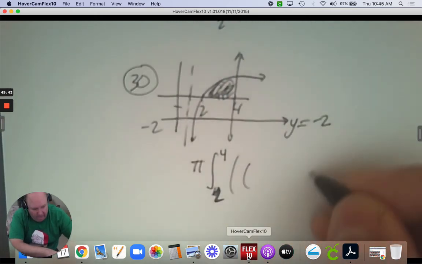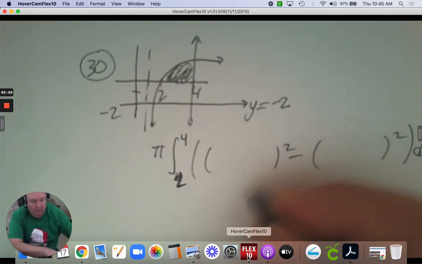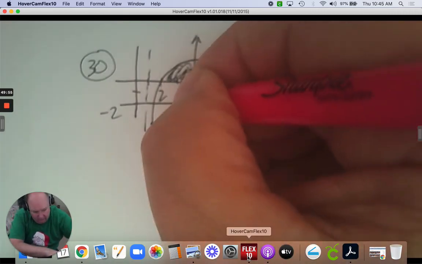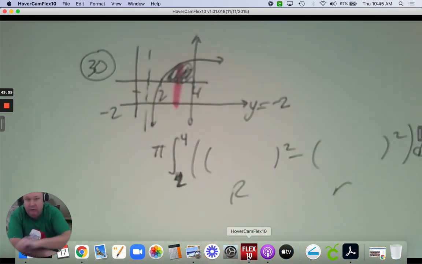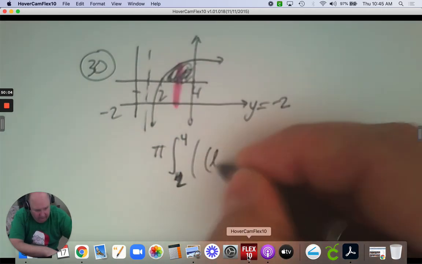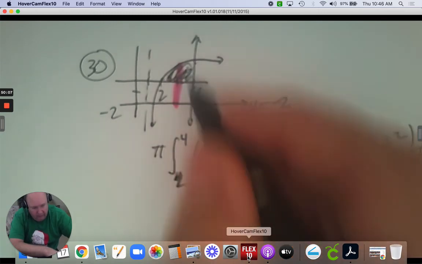We have a big radius and a small radius. Now, for the big radius, go from the line of revolution through the area to the top of the area. And then just go top, subtract bottom. So the top is the curve, which is ln x minus 1, subtract the bottom.